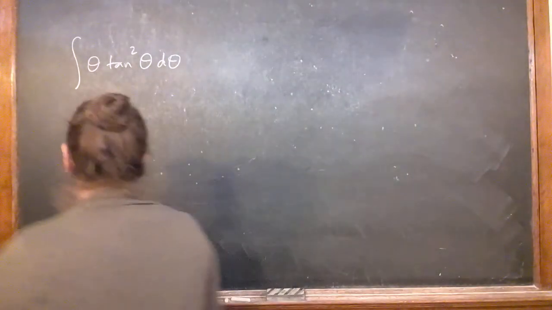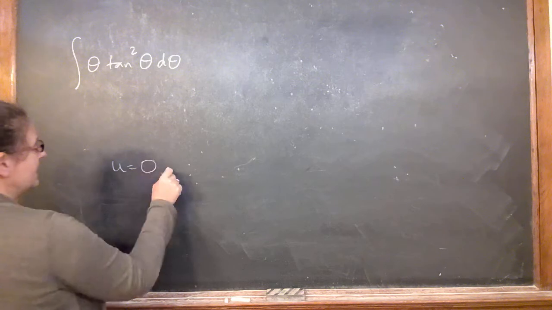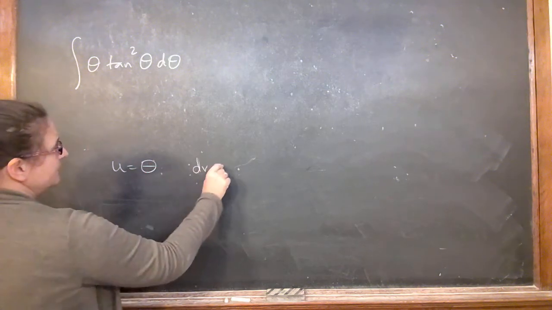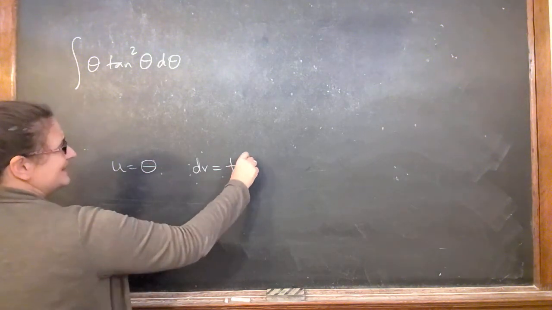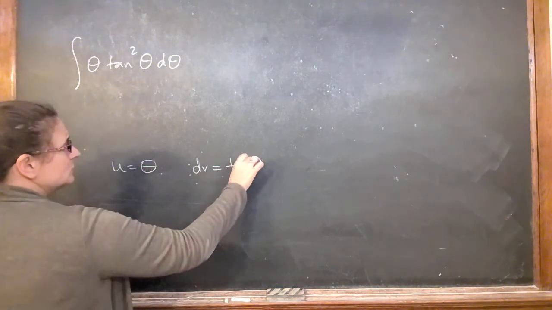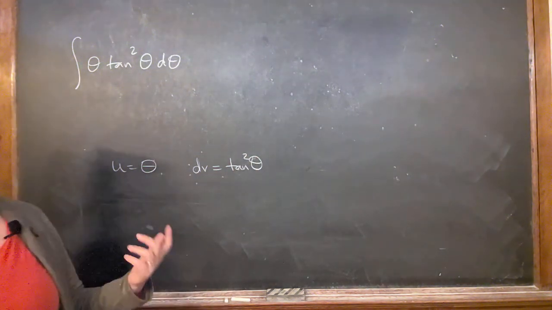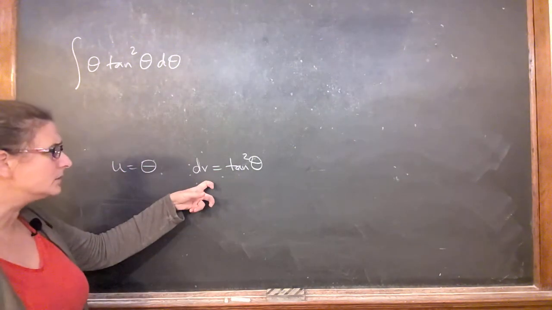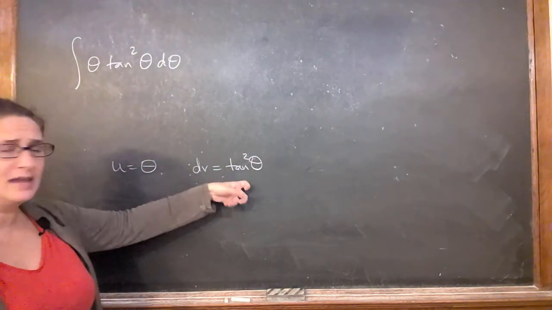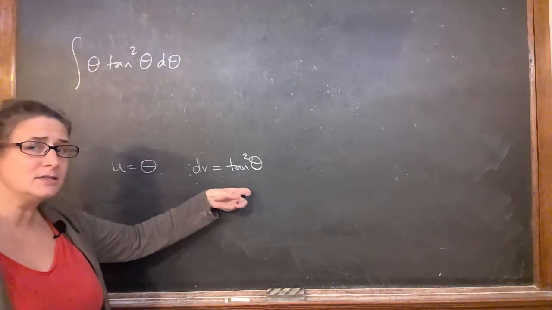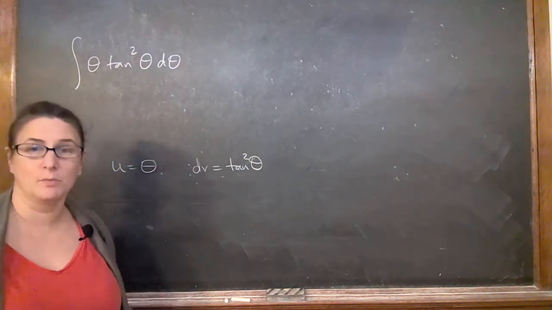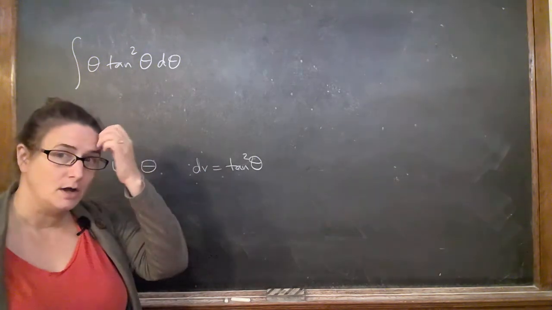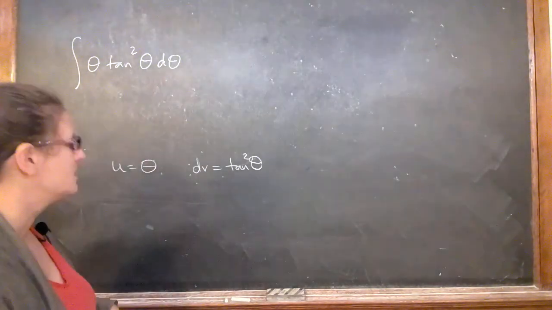So if I did u equals theta, and dv is the rest of the stuff, which is the standard thing that we do when we do x sine x or whatever, this is a big problem, right? Because I then have to find the antiderivative of this, but that's not like a normal antiderivative from our chart.